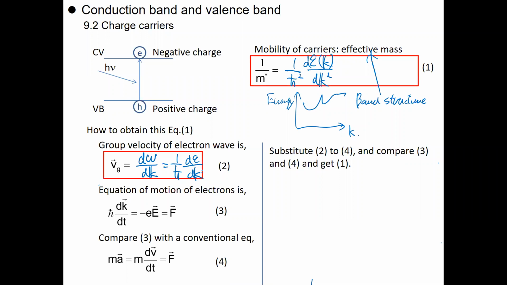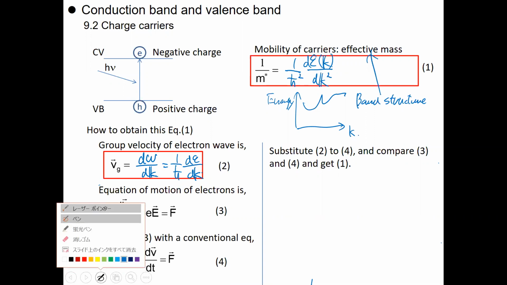Just think about it in one dimension. Please try to derive this equation as an exercise.